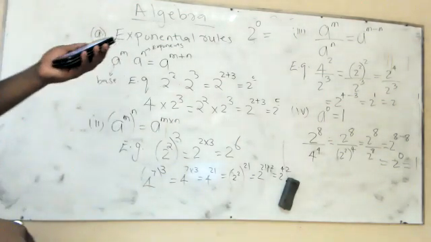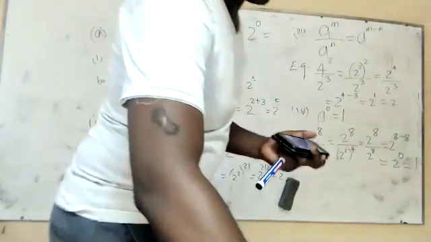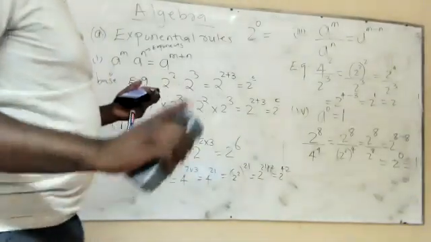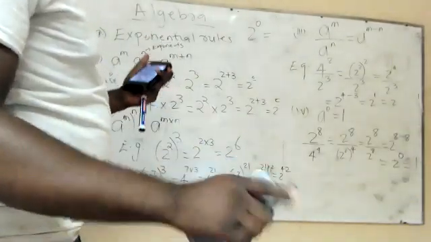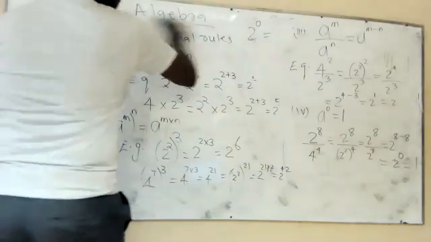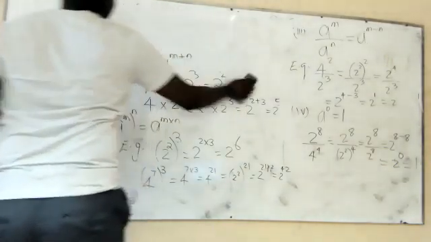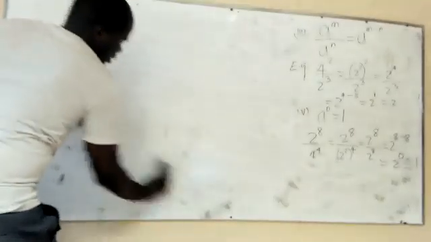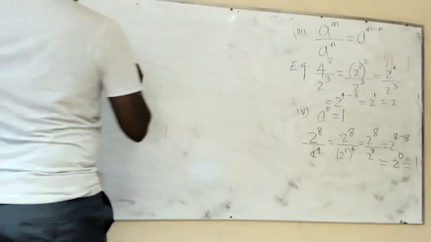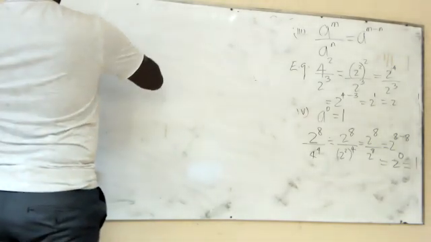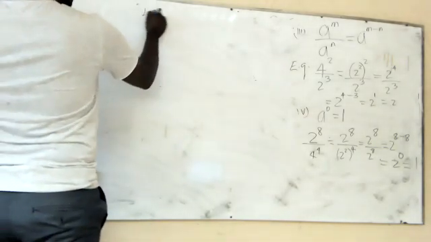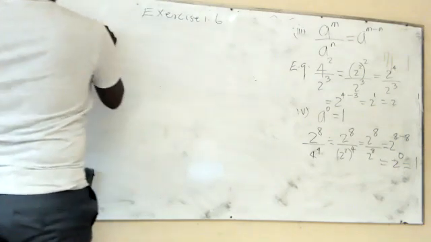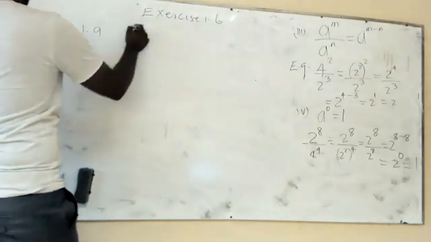Let me quickly do your homework now before we leave. Let me do some of the questions for homework. But if time does not allow, we're going to finish the other ones tomorrow because I'm meeting you again tomorrow. So we'll finish up those questions tomorrow. So let's start with this one, Exercise 1.6, question number 1A.